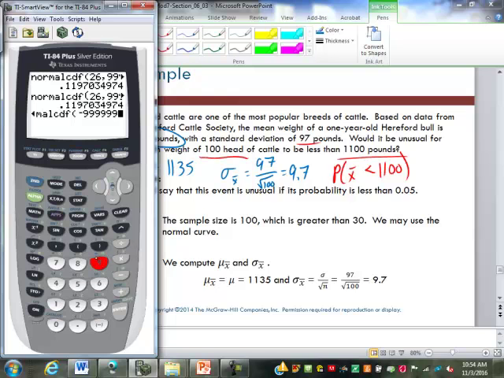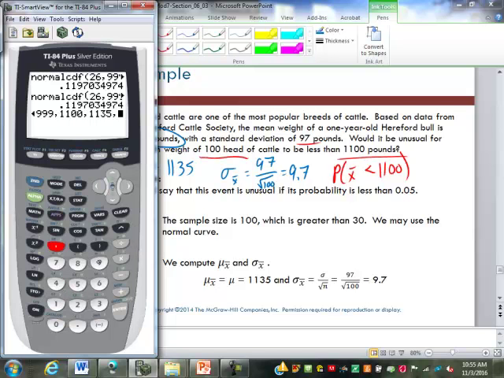Or your textbook does negative 1, then you do second EE 99 for negative infinity. Both of them work, and to me the negative 999999 is simpler to enter. I'm going up to 1,100 pounds with a mean of 1135, and for my standard deviation, I can punch in the 97.